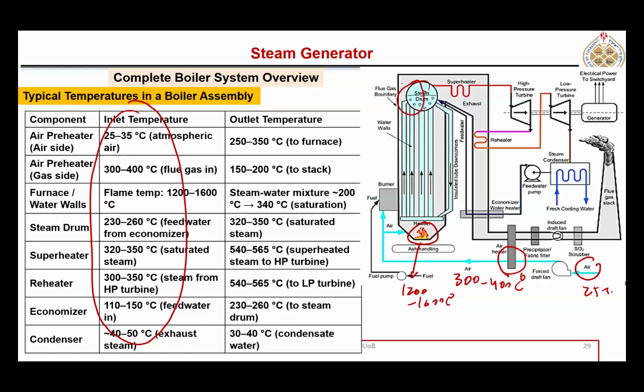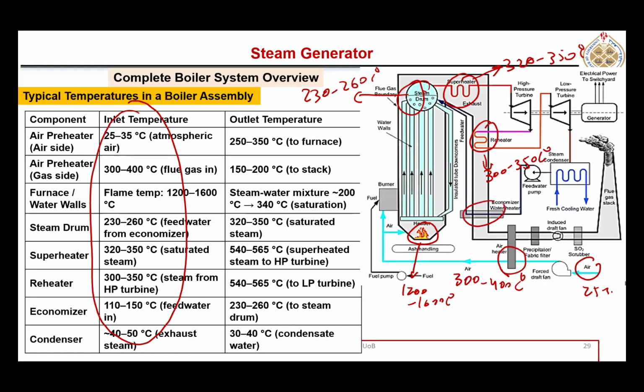Then in the steam drum, as an example, steam is produced around 230 to 260 degrees Celsius. Then in the superheater, temperature is increased to 320 to 350 degrees Celsius. Then in the reheater, again up to 300 to 350 degrees Celsius.